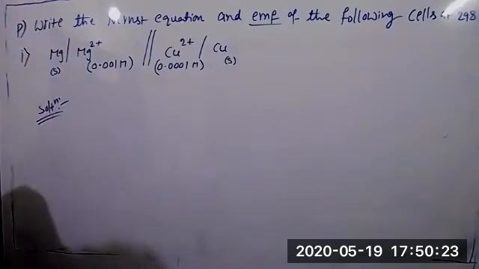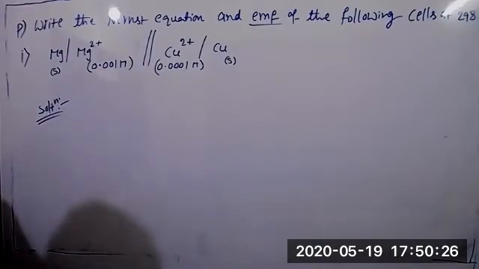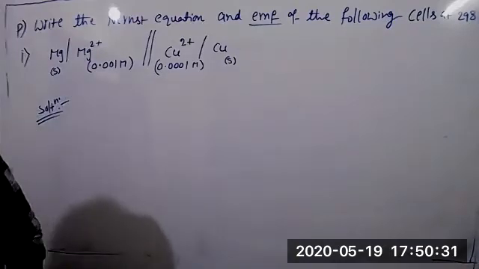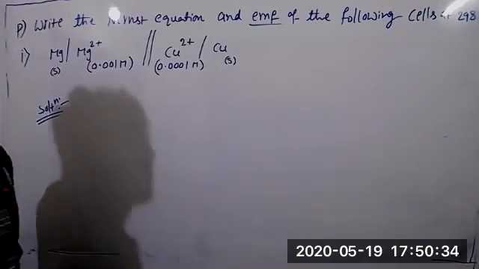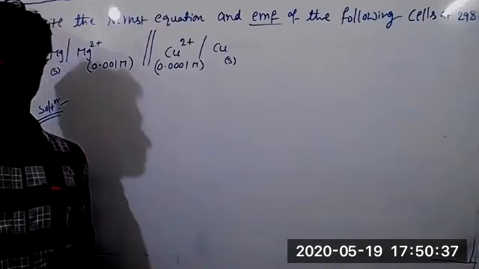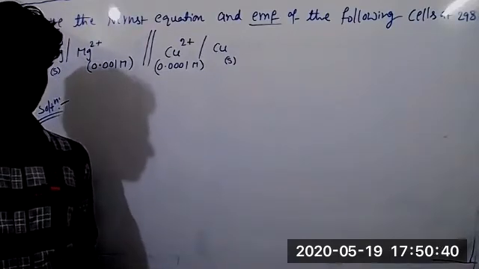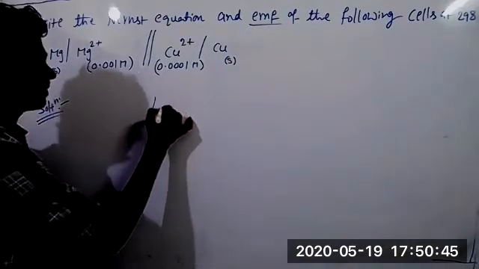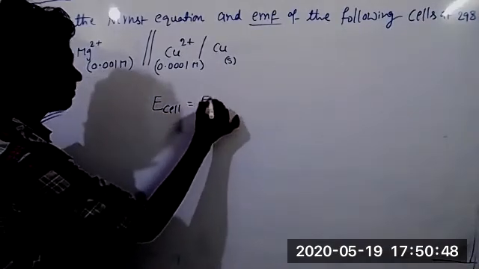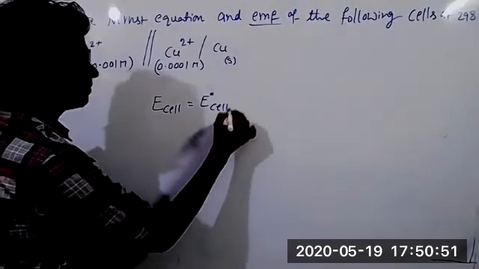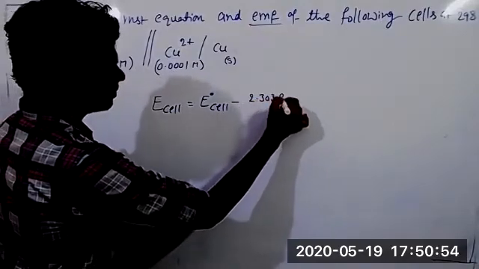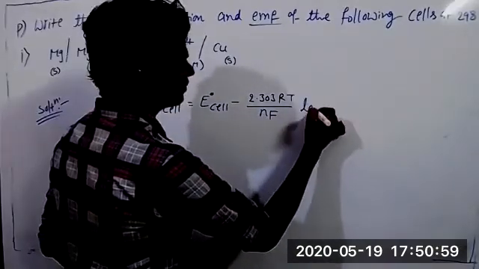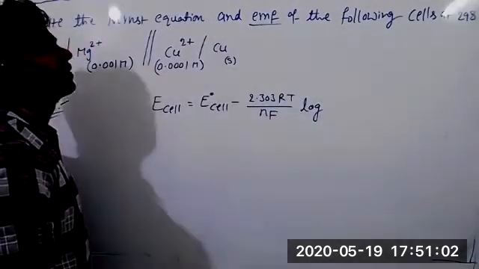Tell me the Nernst equation formula. Sir, E cell is equal to E naught cell minus 2.303 RT by nF log... Okay, wait.